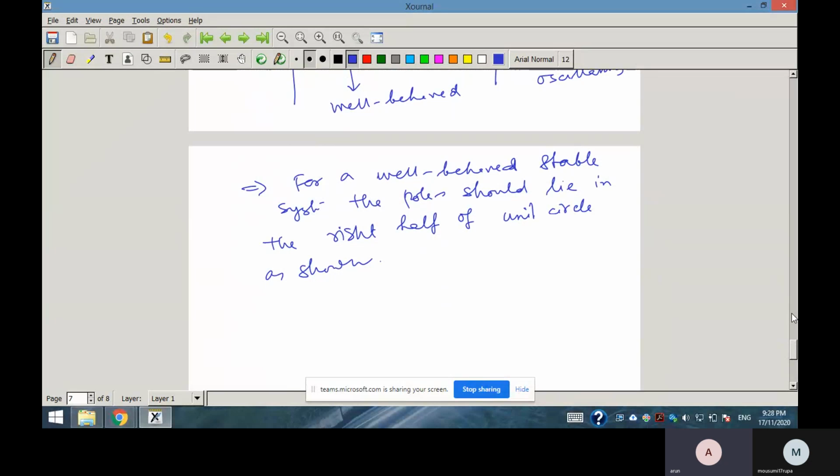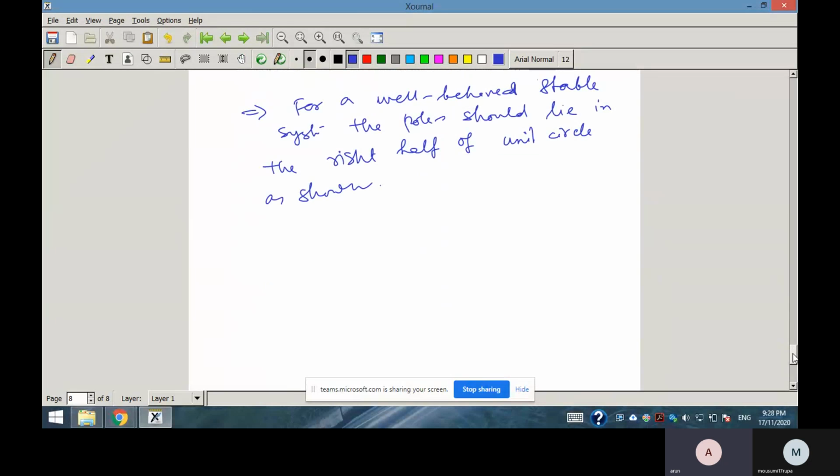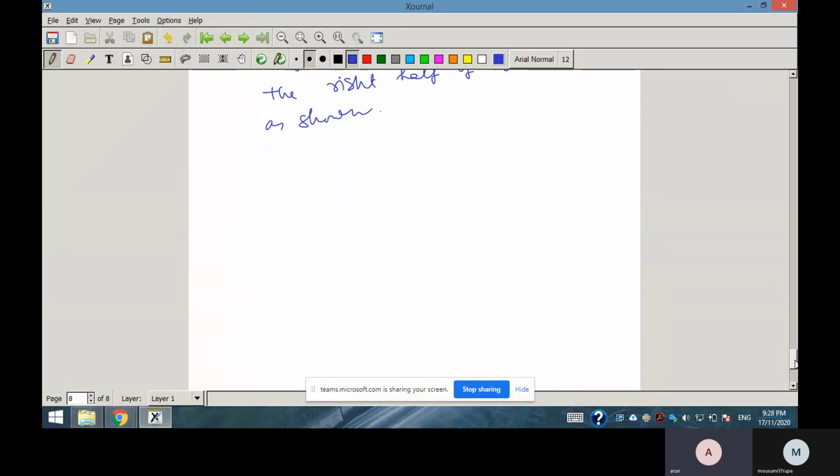So for that purpose, what we have to do is obtain an equivalent feedback system. Given a sampled data feedback system, you have to obtain an equivalent discrete time feedback system. Then you can study stability. So now, stability study. At least stability is very important for any feedback system.